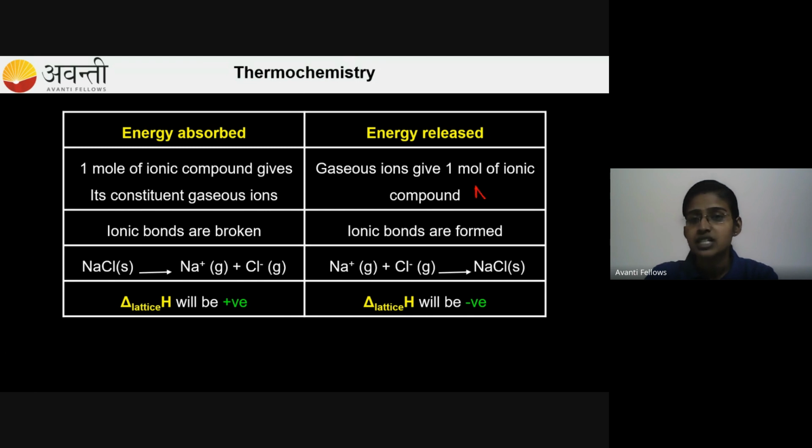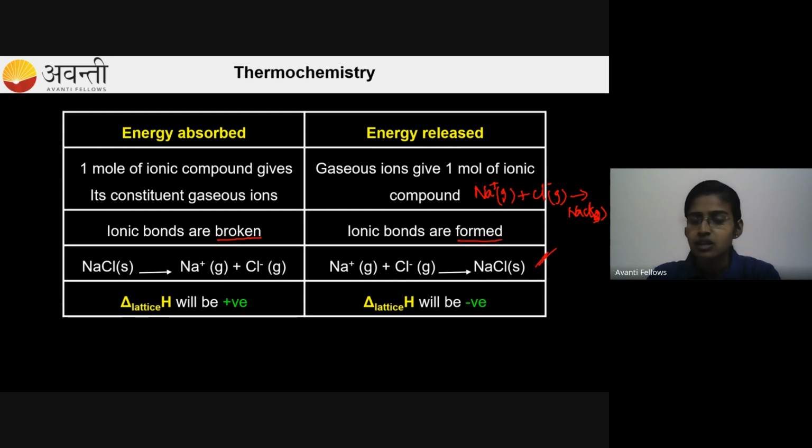Suppose gaseous ions like Na plus and Cl minus combine to give NaCl in its solid state. We call that an energy released process, because here bond formation occurs. It is always exothermic in nature, so the energy will be released. In one case ionic bonds are broken, and in the other ionic bonds are formed.